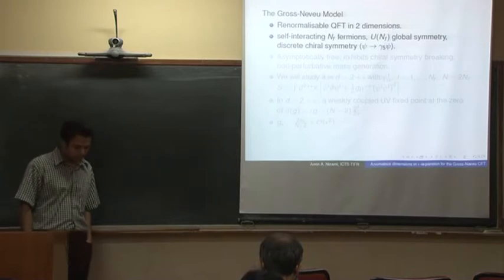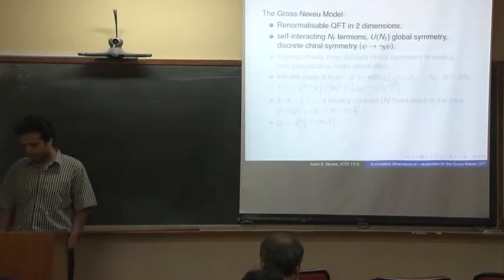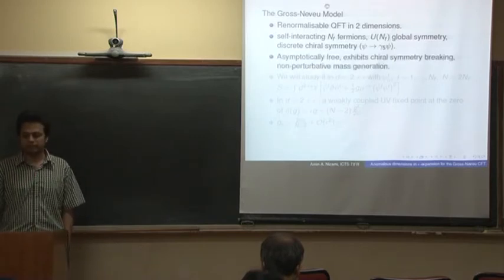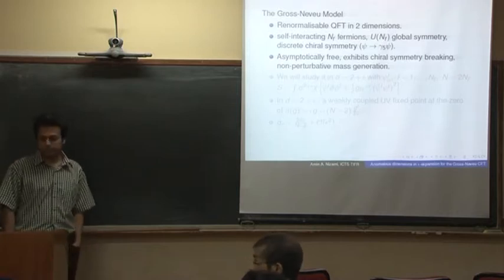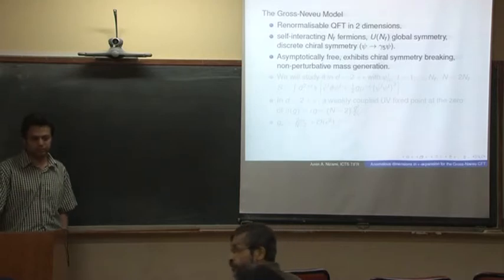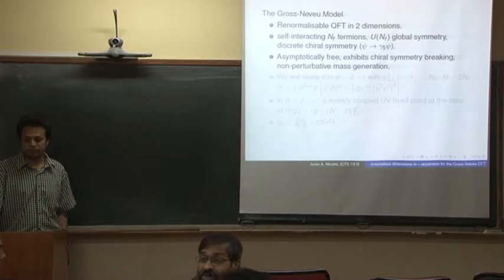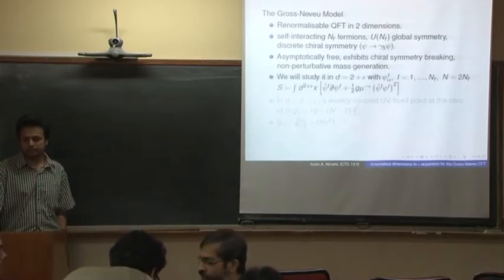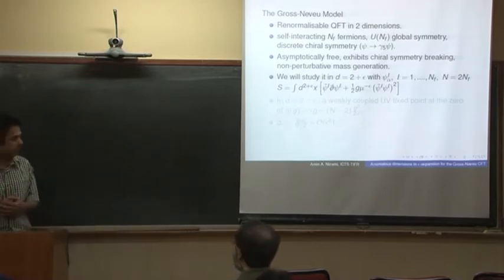So Gross and Neveu developed this model basically as a toy model for QCD because it exhibits some interesting dynamical features which are also there in QCD, in particular asymptotic freedom. You have chiral symmetry breaking and various other things. So we will study it in 2 plus epsilon dimensions.